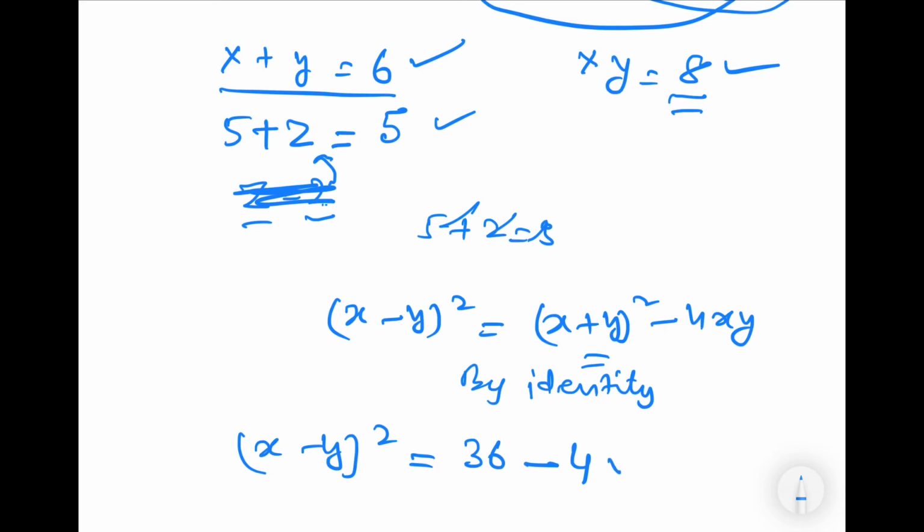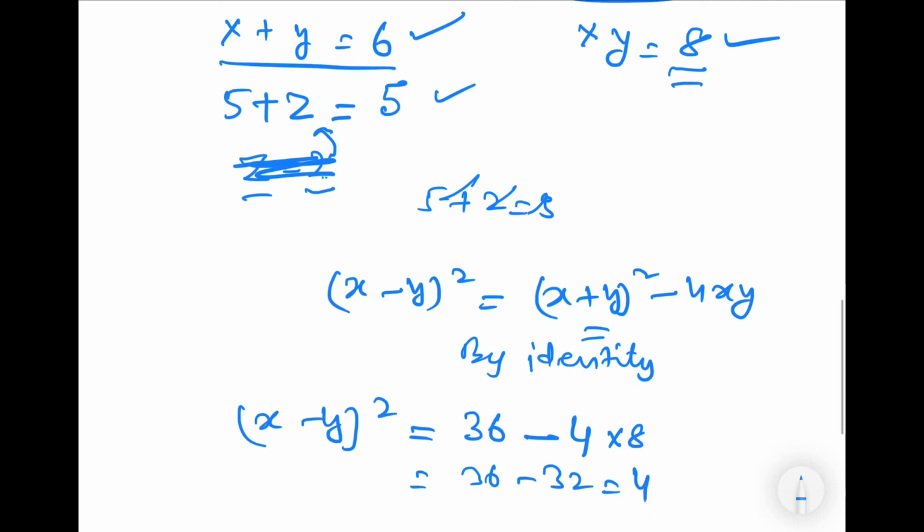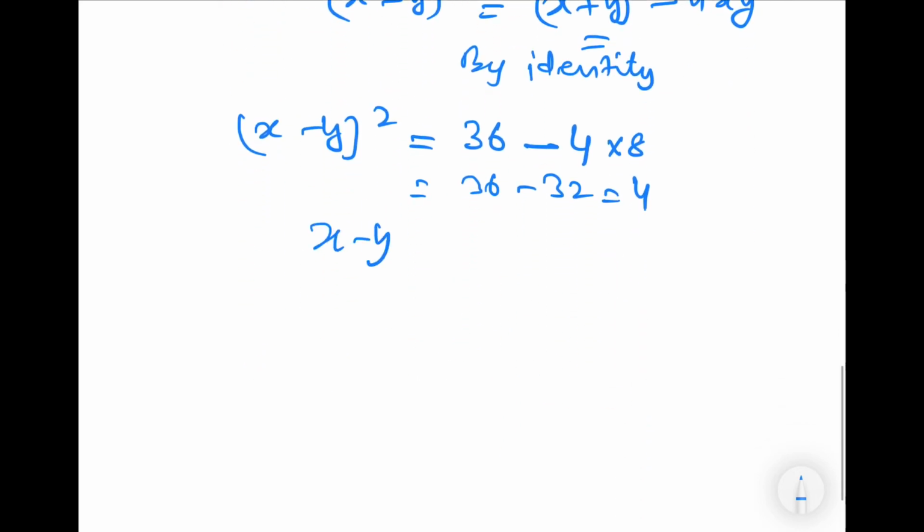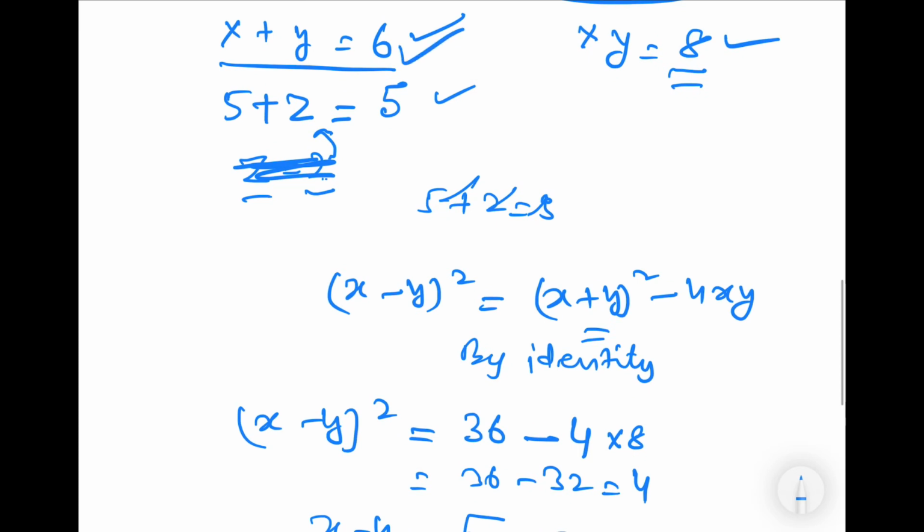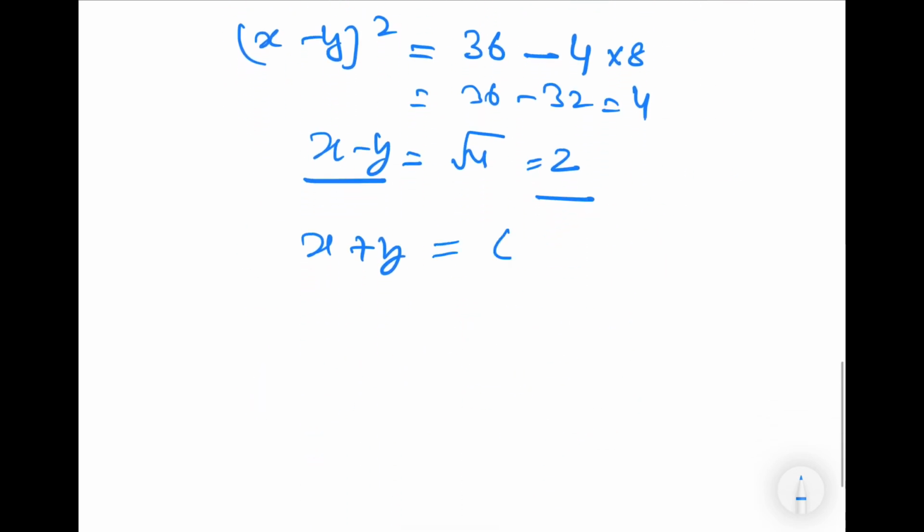This will be 36 minus 32 is equal to 4, and x minus y is equal to 2. So, we have got x minus y, and x plus y is 6. Adding these two, y cancels y, 2x is equal to 6 plus 2, 8, x is equal to 4 and y is equal to 2.